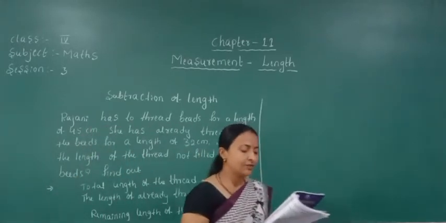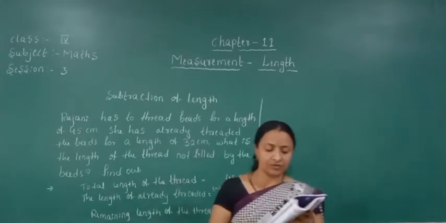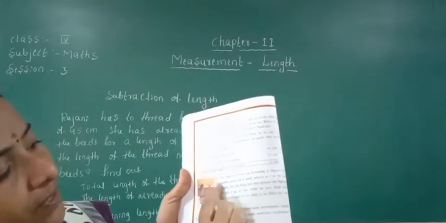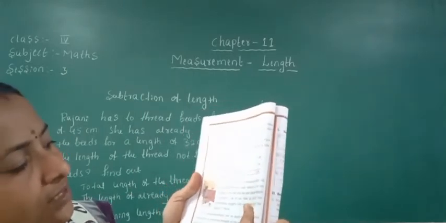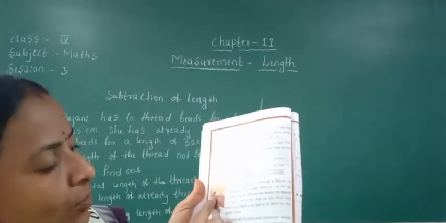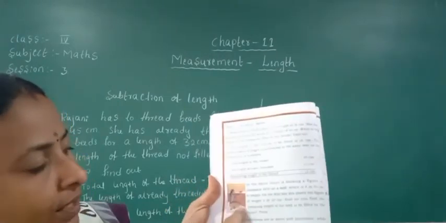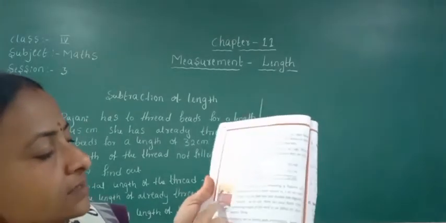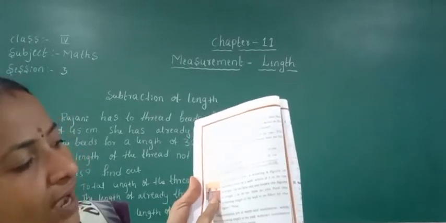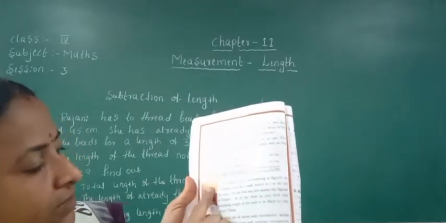Next, see the figure given here. Gauri is drawing a Janapada style figure on a wall, which is 5 meter 50 centimeter in length.